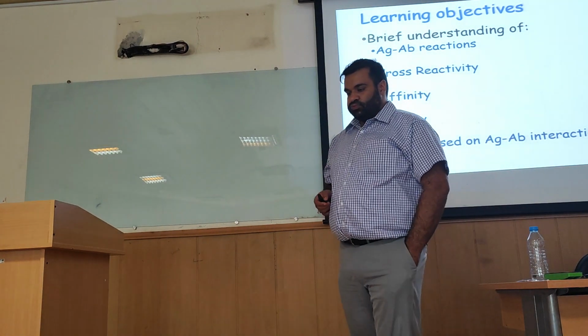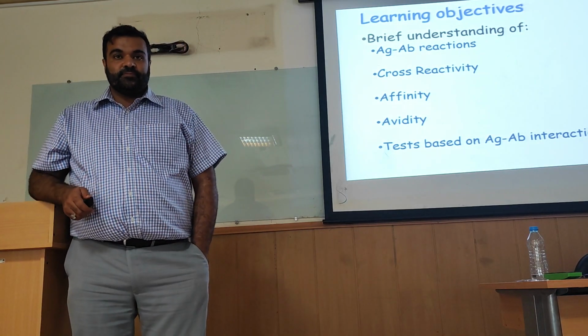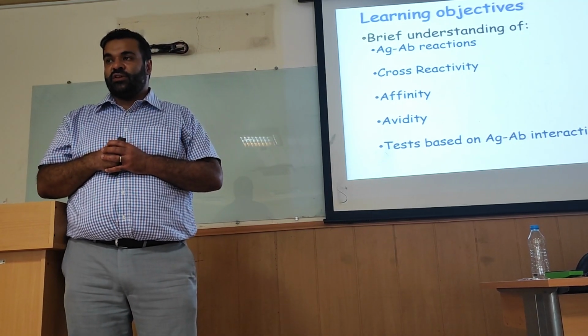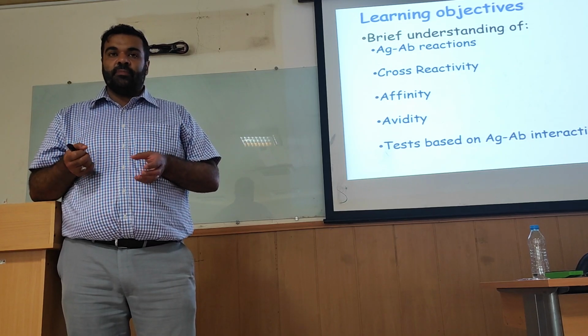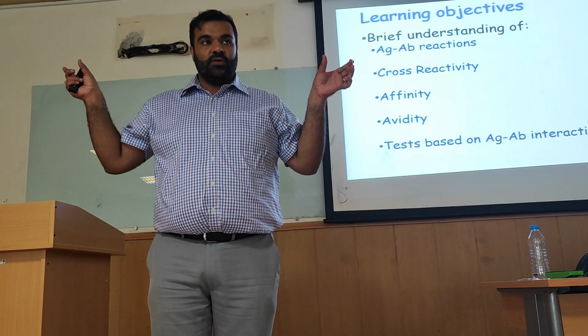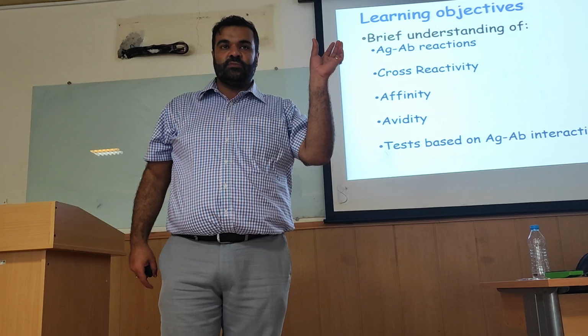Then what else did we talk about? We talked about affinity, the strength of antigen-antibody interaction with one antibody molecule. And we said antibodies may be bivalent, one antibody attaching to the same epitope twice. Monovalent is when we have fragment antigen binding.